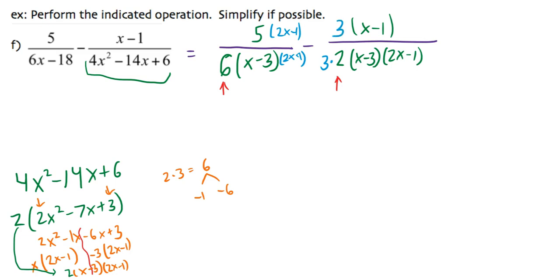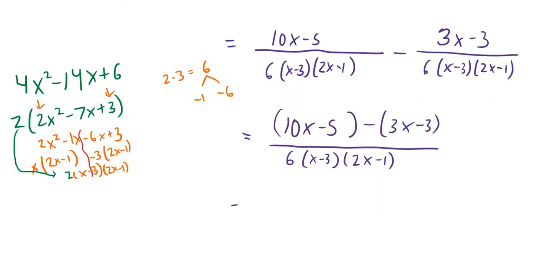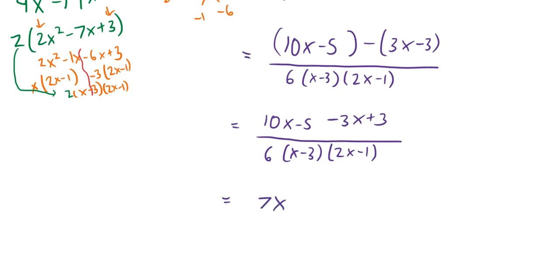That way I have a 6 and a 6. The rest of the problem goes like... ta-da! If the top factored, I would factor the top just to check if something cancels, but the top does not factor.